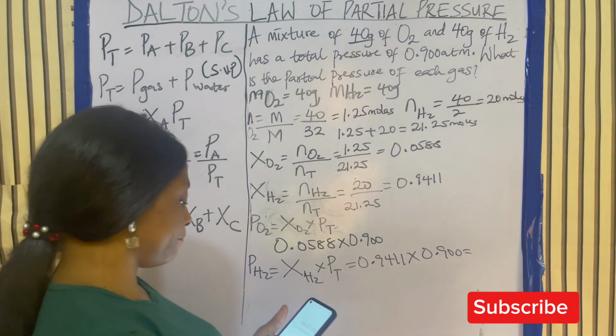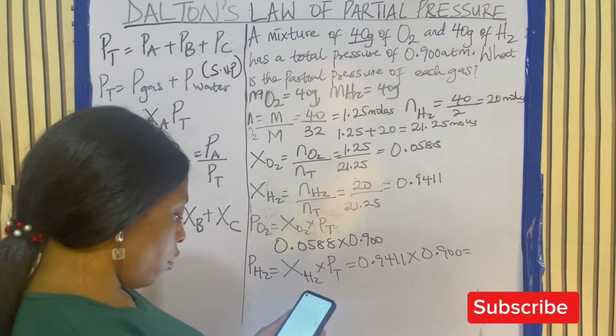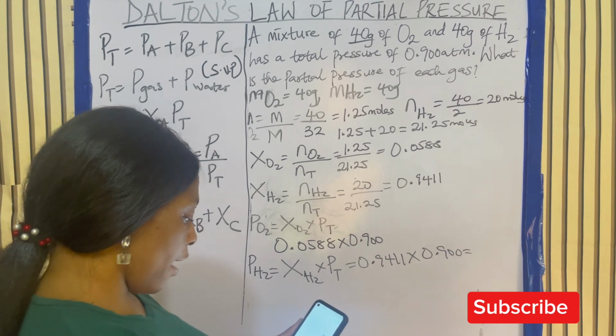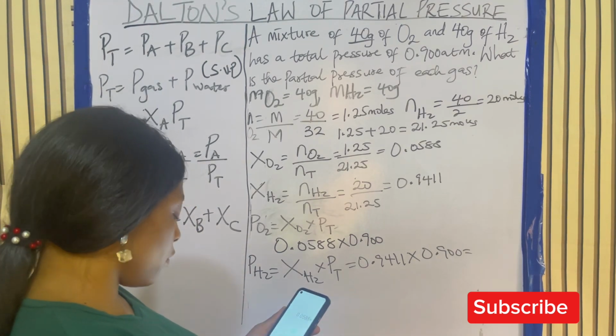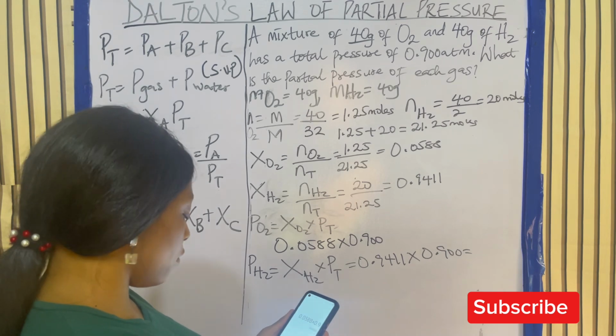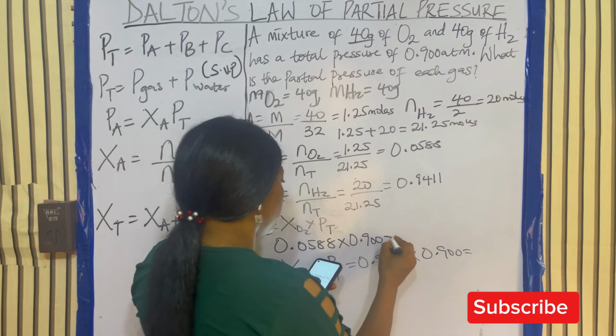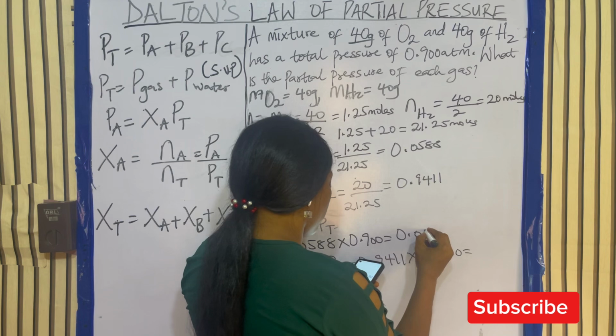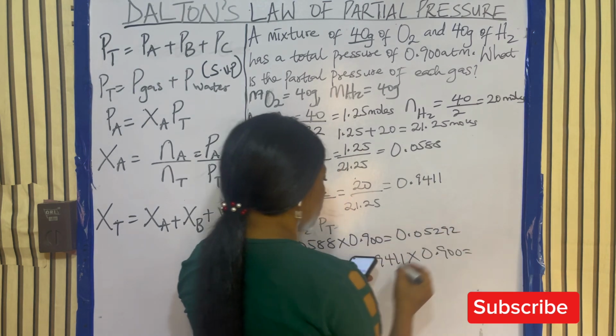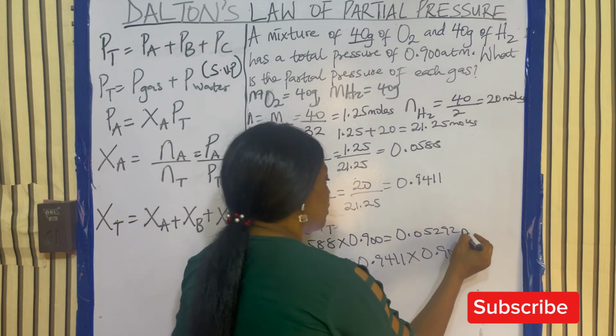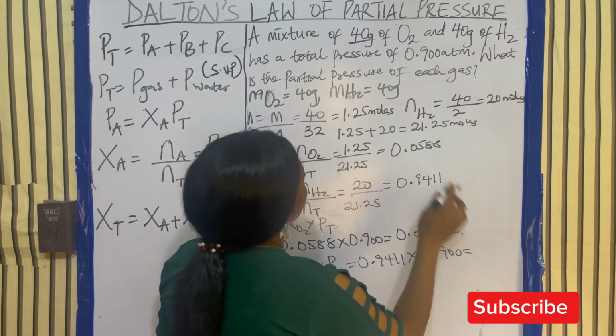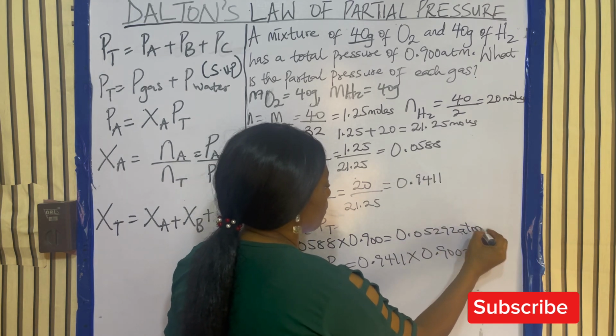So what do you have? Let's multiply. 0.0588 times 0.90, you have this to be 0.05292 atm. Sorry, this is atm.